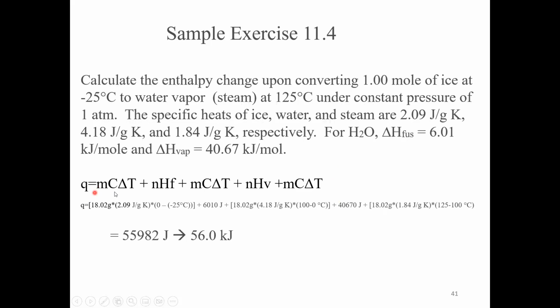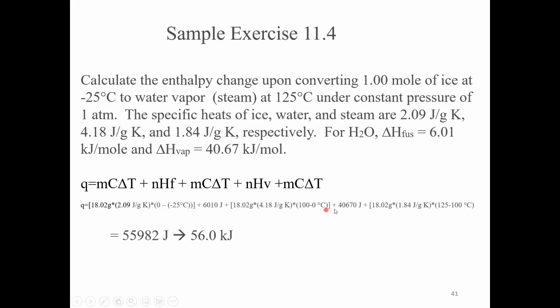So when we look at it, these are the total equations we're going to need, because we'll have a different one for each of those segments of the graph. For the first one, 18.02 grams, since it's 1 mole, times the specific heat of the solid. And then we've got a 25-degree change. So 0 minus negative 25 is really just positive 25.